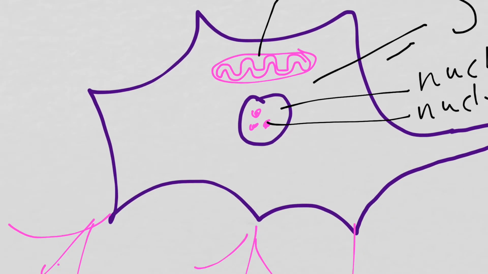So we also need to draw some Nissl bodies. The Nissl bodies are RER, so rough endoplasmic reticulum, and what makes it rough is all the ribosomes, hence the dots. So the Nissl bodies are RER and free ribosomes, so we'll add some more dots. Lots of ribosomes, and what do ribosomes make? Proteins.